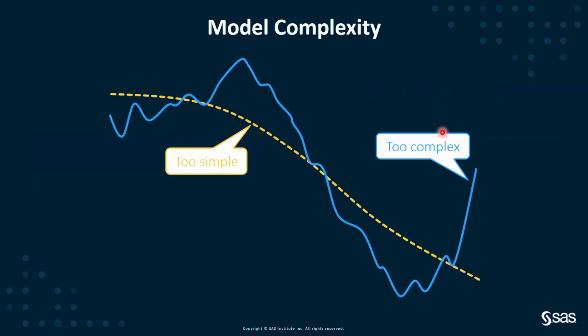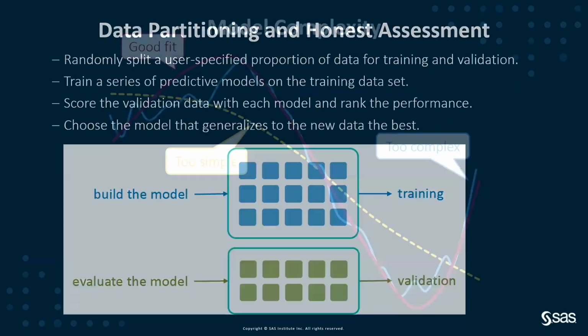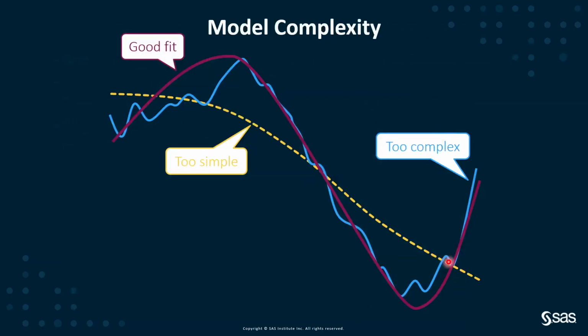This is basically what model validation does. It helps you avoid underfitting by avoiding too simple models, and it also avoids overfitting by avoiding too complex a model. So you run that series of models on your validation data, and then in between, you will strike gold, which is the good model that fits, and it adds to the generalizability of the model and applicability to the new test data that might be under use.